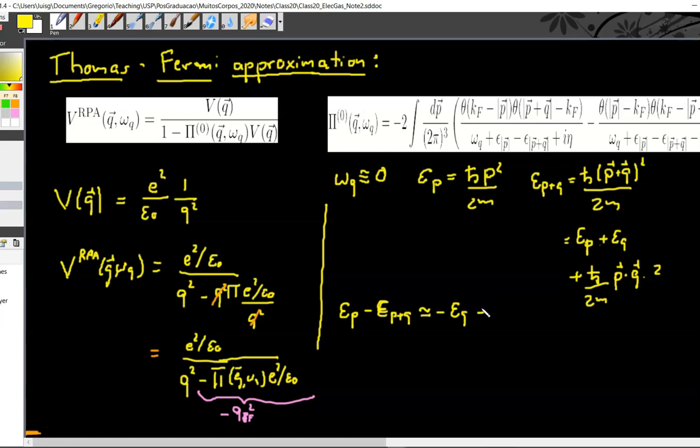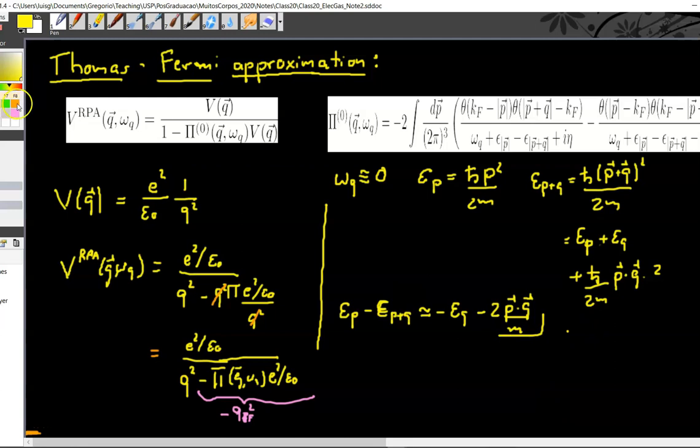But the point is that this should be of the order minus 2 PQ over m. That's the important part.